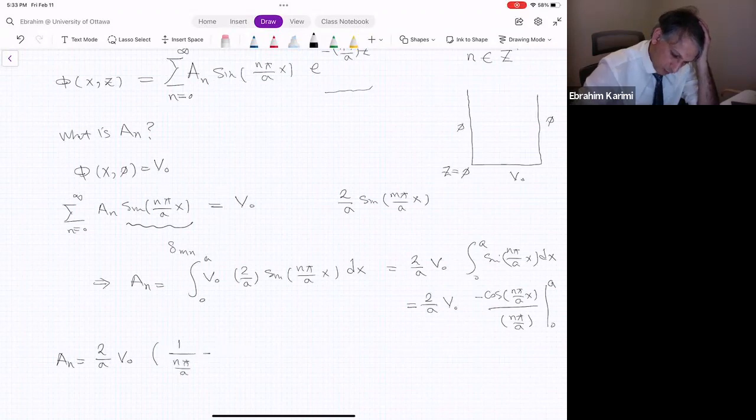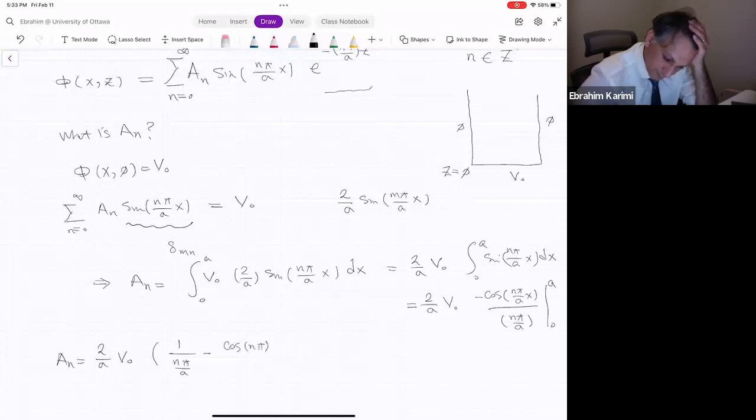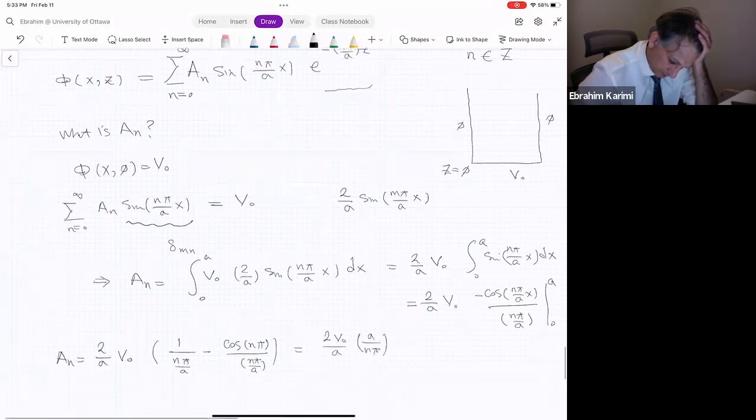And the second one will be equal to cosine of a, that will be cosine of n pi, divided by n pi over a. So that will be 2v0 divided by a times a divided by n pi.